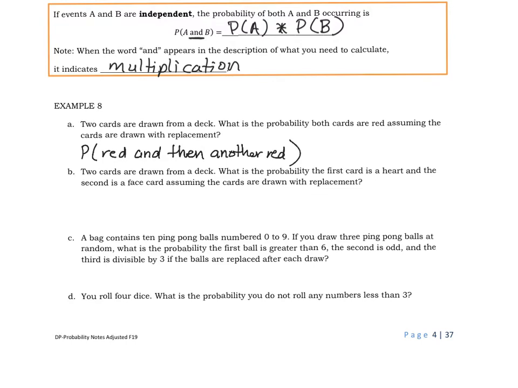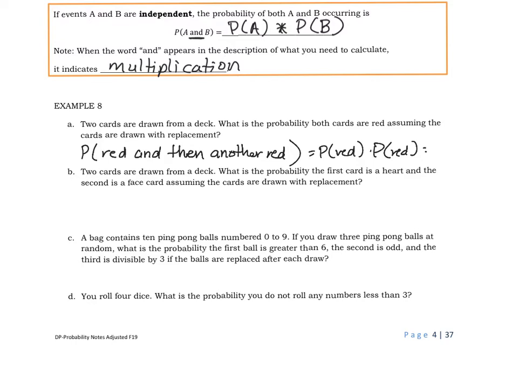So you're looking for a red and a red, okay? They didn't say that, did they? But when both cards are red, that's exactly what's happening. So we need the probability of a red card times the probability of a red card.